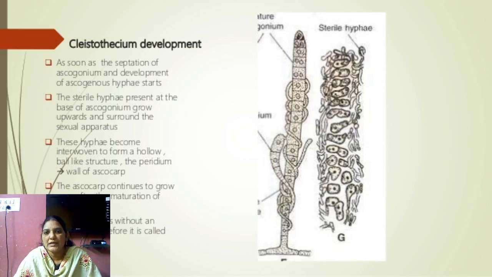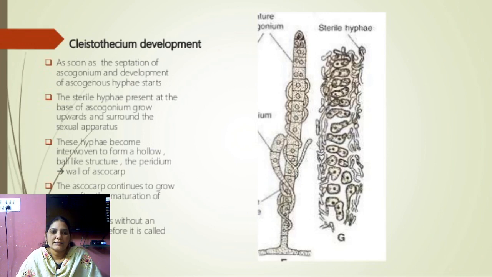The ascogonium outer layer forms so many layers and forms one round-shaped structure, and inside, so many asci are present, separated from each other. Each ascus has one diploid nucleus. This diploid nucleus undergoes meiosis and is divided into 4 haploid cells.